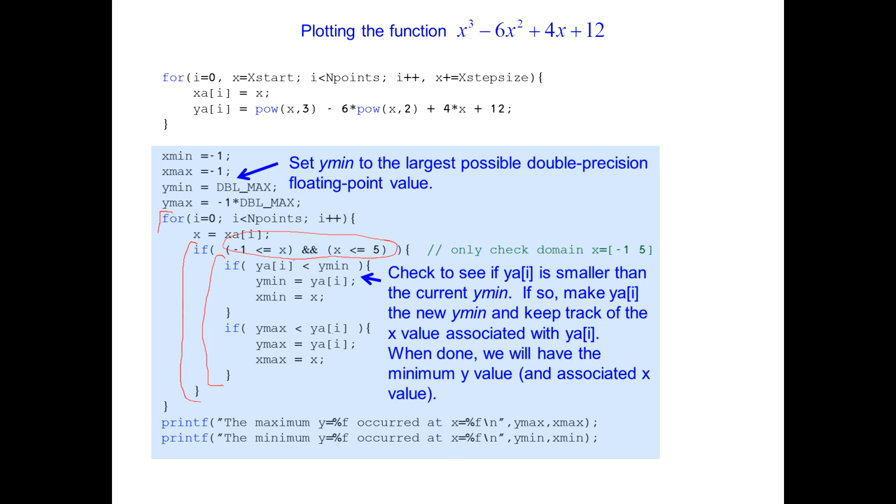That will be stored in y min, x min, that's the coordinate pair for that point, and y max and x max is the coordinate pair for that point. Okay, and now here, when we're done, we'll just print out saying the maximum of y occurred at this location, and do that for both the y min and y max.